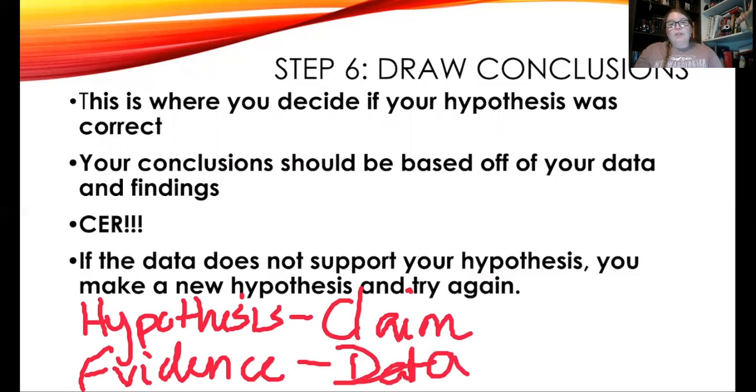For your evidence in your CER for your conclusion, there should be numbers, some kind of data from your experiment. So a number would be great. So if you did the plant experiment, the hypothesis would be sunlight does have an effect on a plant. Then your evidence would be like the plants with the most sunlight got 5 hours of sunlight and grew so many inches.